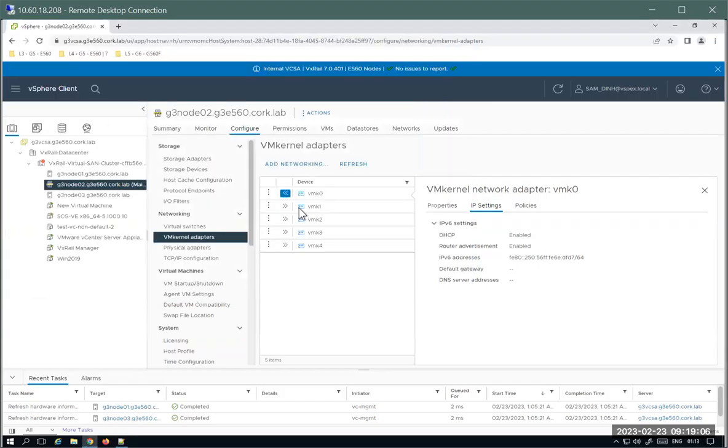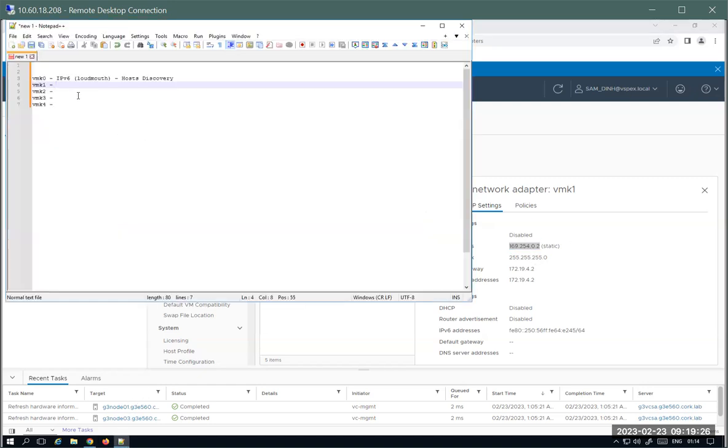So VMK1, we don't have any service, and it has some IP here. So what is this IP? This is what we call a local IP. Where did it come from? We need this IP because we need to talk to iDRAC via the OS to USB NIC.